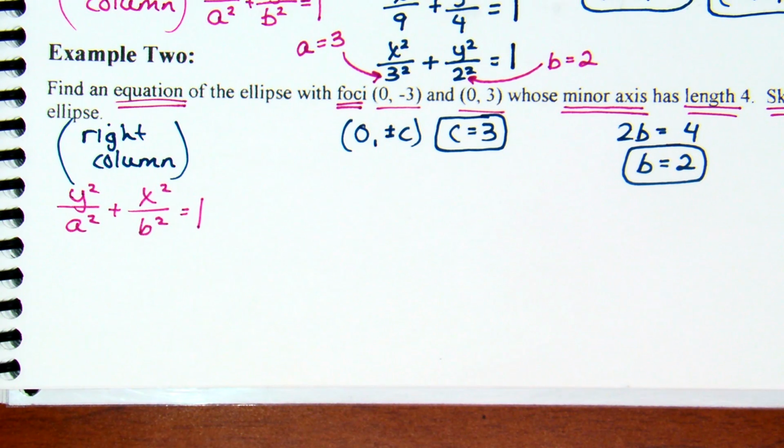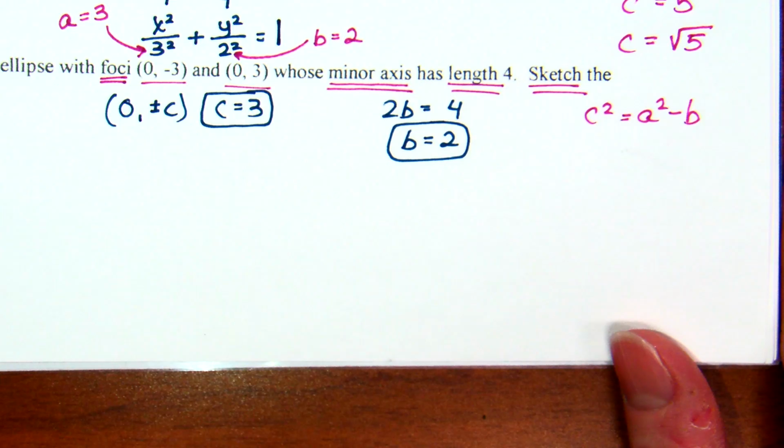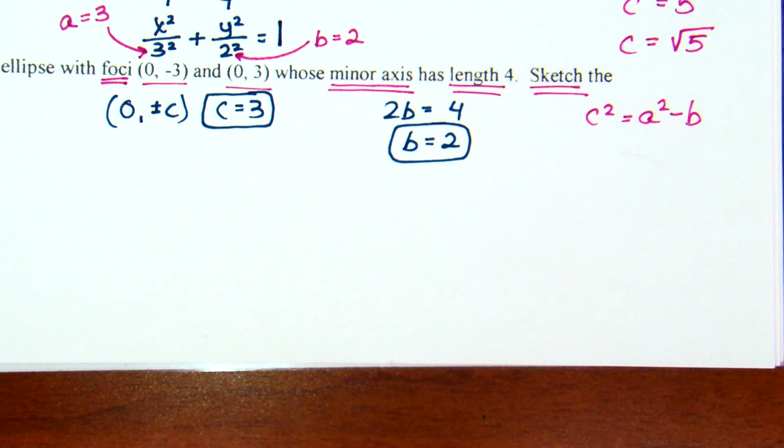As long as you can come up with the Pythagorean thing, you're good. So what is the Pythagorean relationship on an ellipse? C squared equals A squared minus B squared. That is also up in our chart, right? And I keep reminding you, all the information is in the chart. I'm not doing magic here.